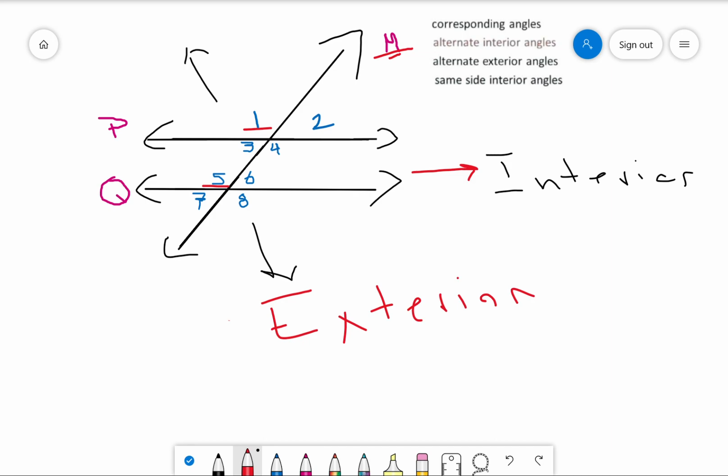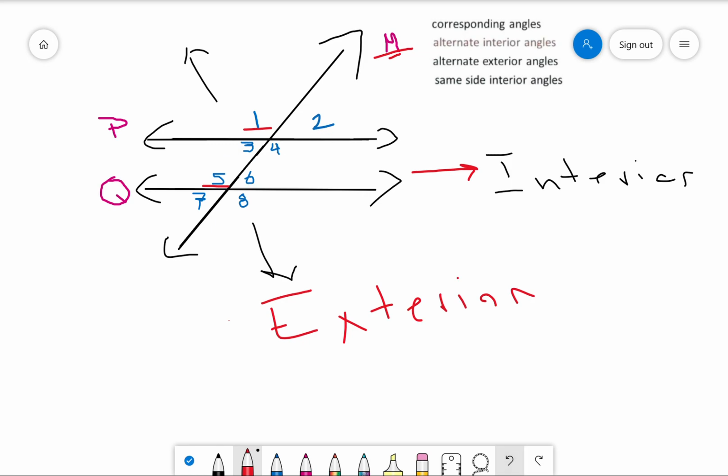Other than angles 1 and 5, angles 3 and 7 are corresponding angles, and they're congruent. Angles 2 and 6 are also corresponding, and angles 4 and 8 are corresponding angles. So we're done with corresponding angles.